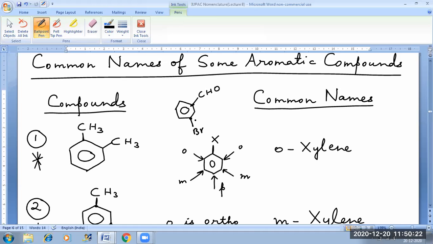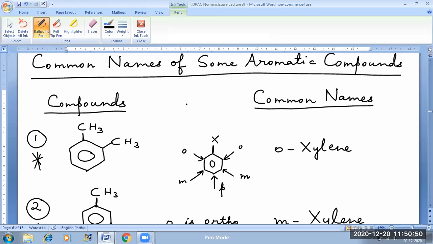That means it is at an alternate position. Similarly, if I write a group here, now also I can say that NO2 is present at meta position of benzaldehyde. So meta is what? You leave one carbon atom and then you attach something. That is why it is called meta.